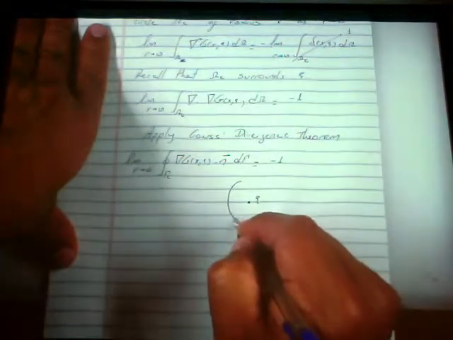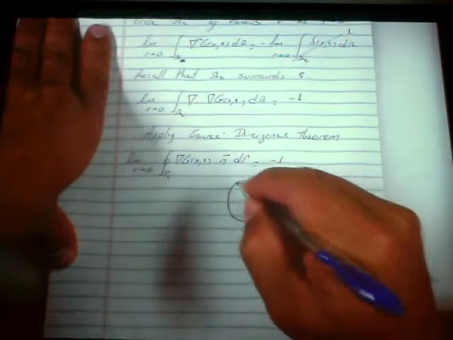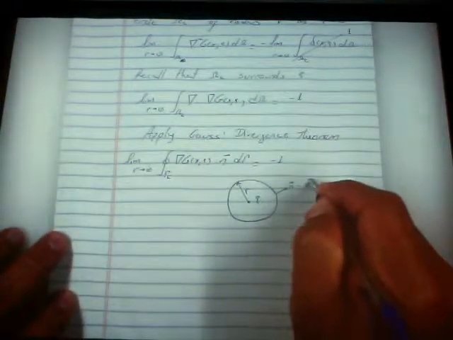All right? So basically we have a source point. We have a circle around it. We have r, and around that circle we have the normal vector, which in radial coordinates is simply e_r. The normal vector to a circle always points in the radial direction.